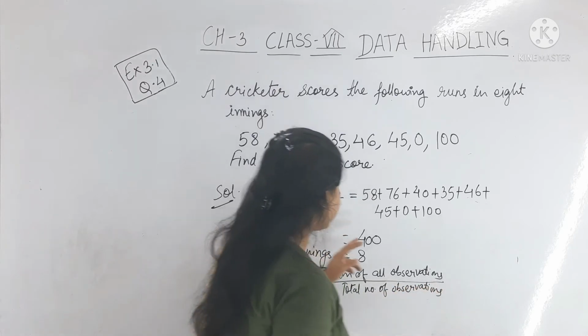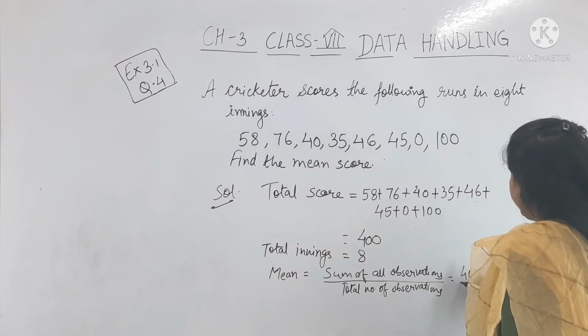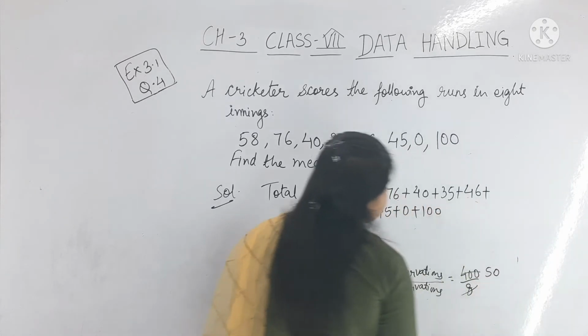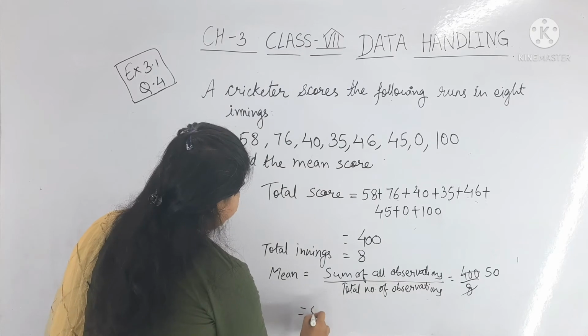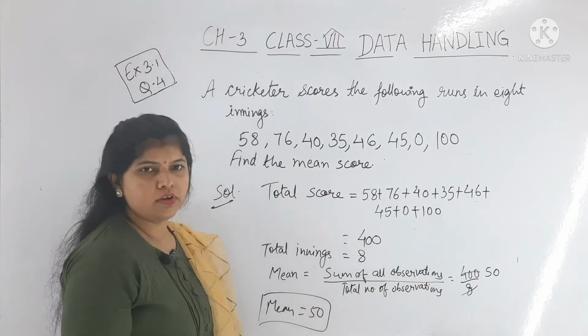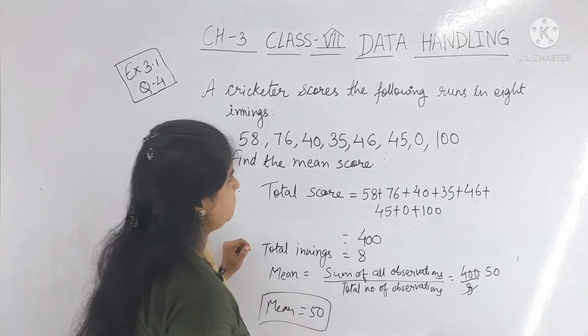So the total score is 400. We have to divide this by this, 400 divided by 8. 8 fives are 40 and 8 zeros are zero. So mean is equal to 50. This is your answer. So this is the solution for question number 4.